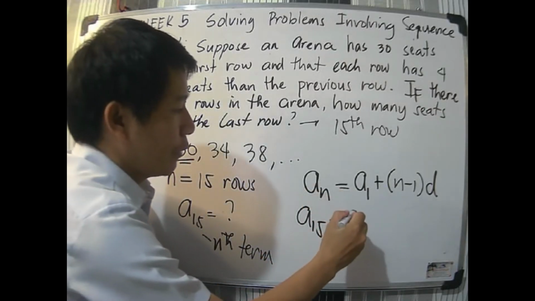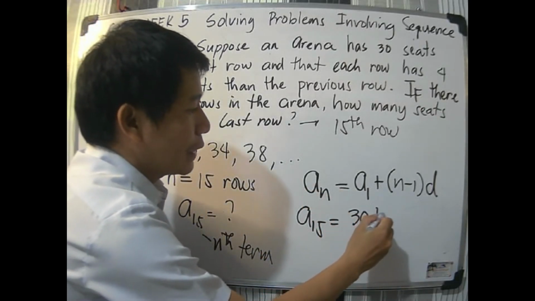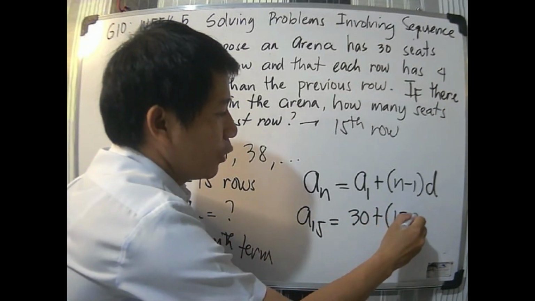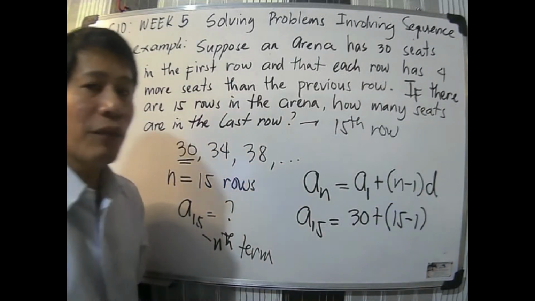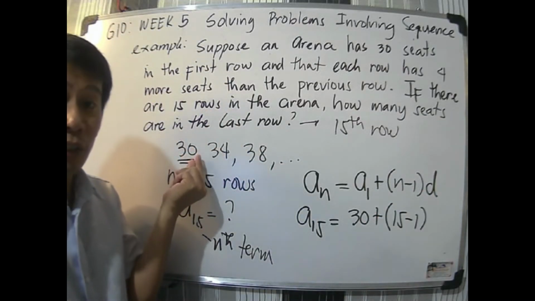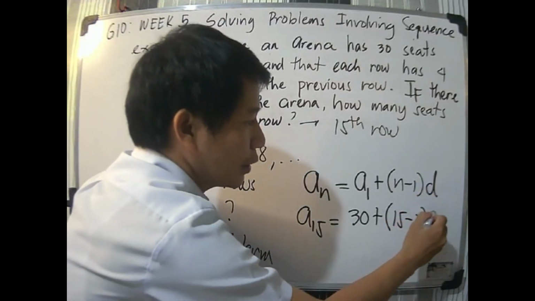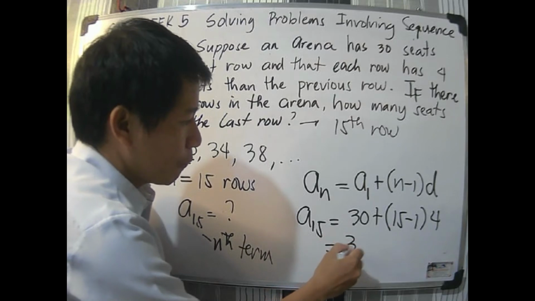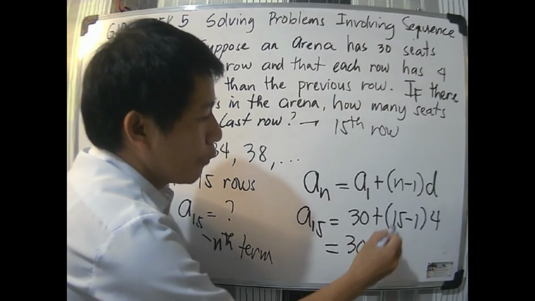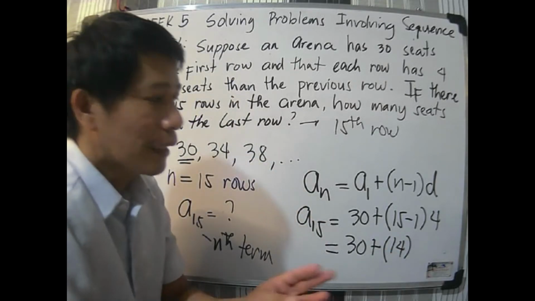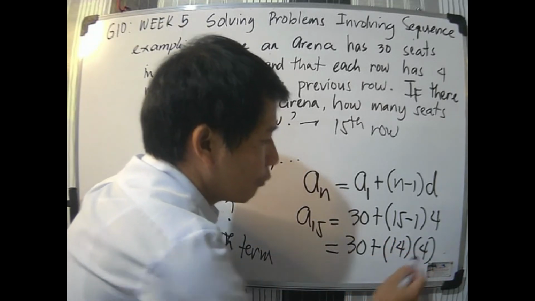So, therefore, we have 30 plus, okay, n is 15 minus 1. Anong common difference natin? Alam na natin kanina. 34 minus 30 is 4. So, the common difference is 4. Okay, let's continue. 30 plus 15 minus 1 is 14, times 4, the common difference.